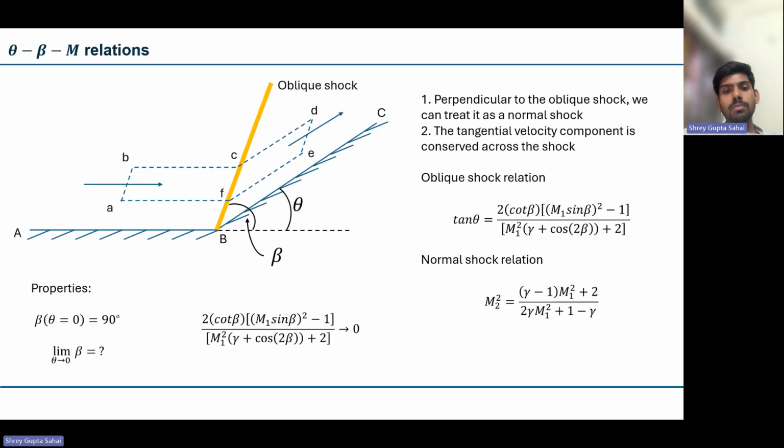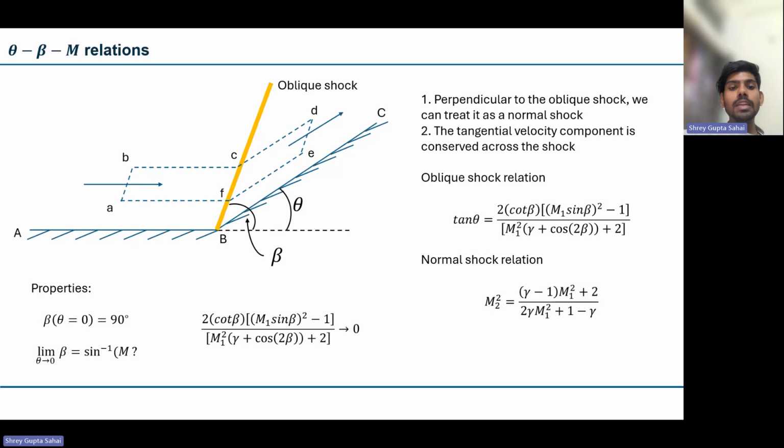Either this bracketed term goes to 0, which implies that M1 sine beta is 1. M1 sine beta is a real number, in fact a positive number, and that implies that beta has to be sine inverse of 1 over M1. Okay, that is one solution.